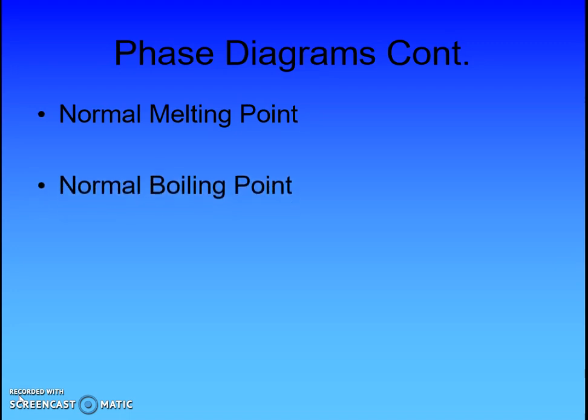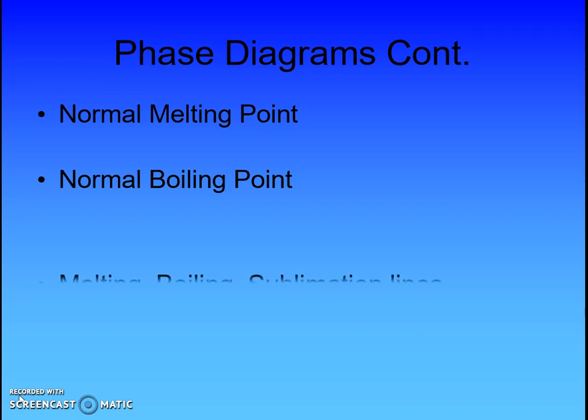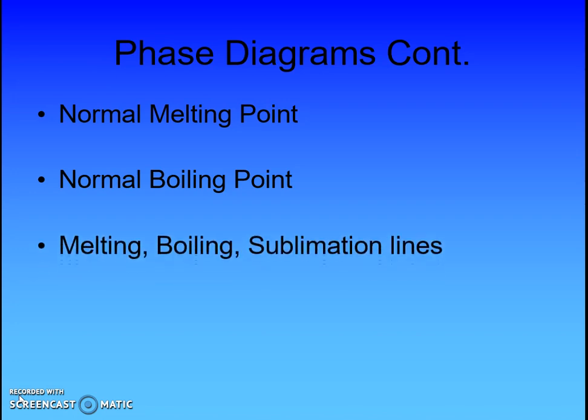It also has the normal boiling point, same thing. At what temperature does a substance boil when it's at that standard pressure, that 1 atmosphere of pressure? And then you also can again see those melting, boiling, sublimation lines, those lines that separate those different phases from each other on that graph.